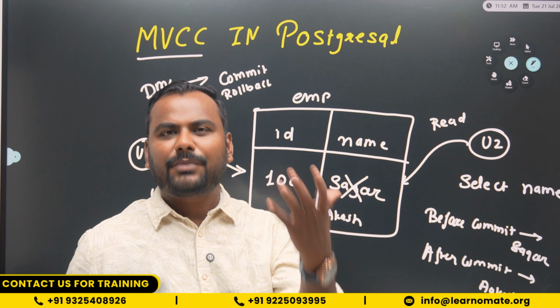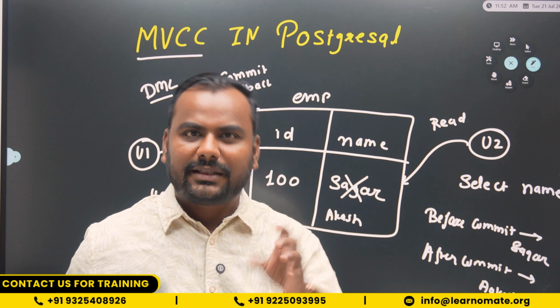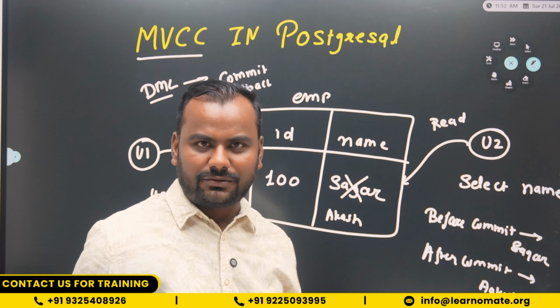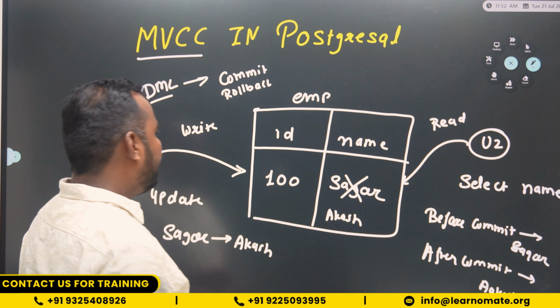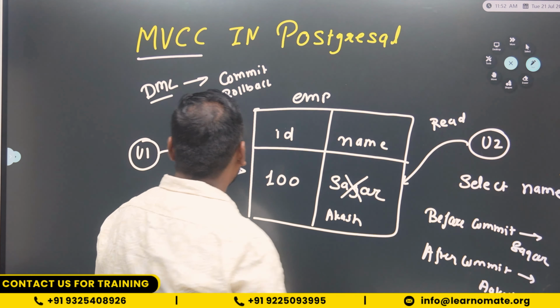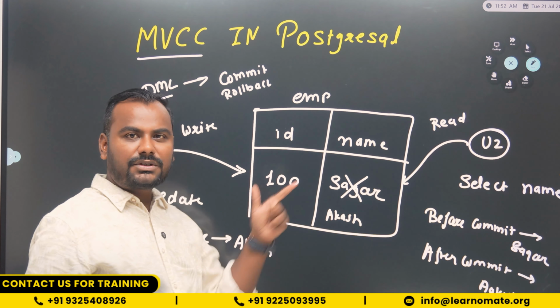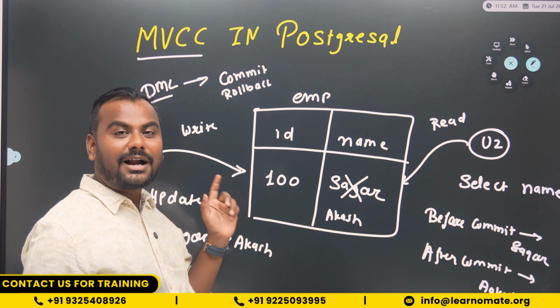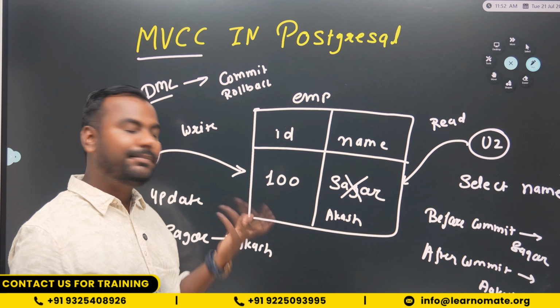This is good for the performance of your PostgreSQL database, and that is the reason this feature is supported by multiple RDBMS databases. But you might be asking, what if these two users try to update at the same time?